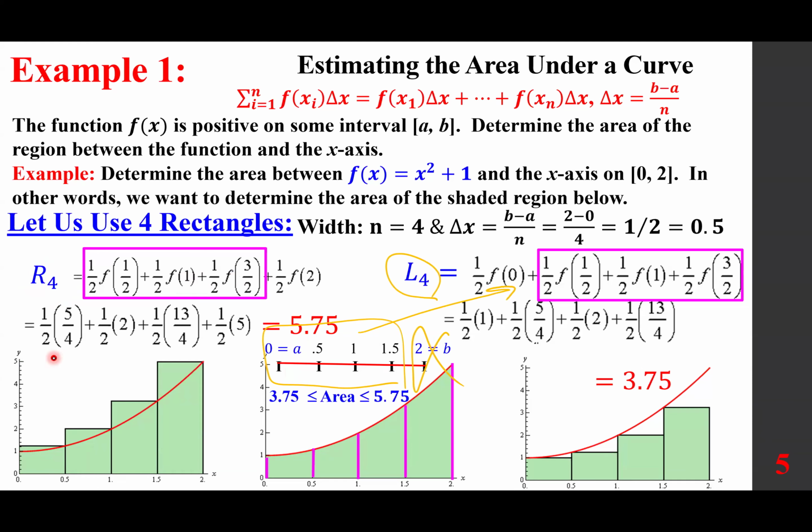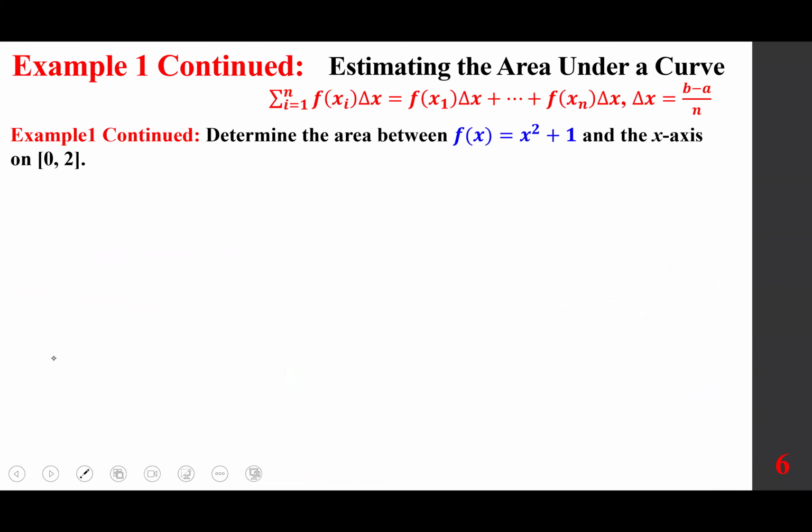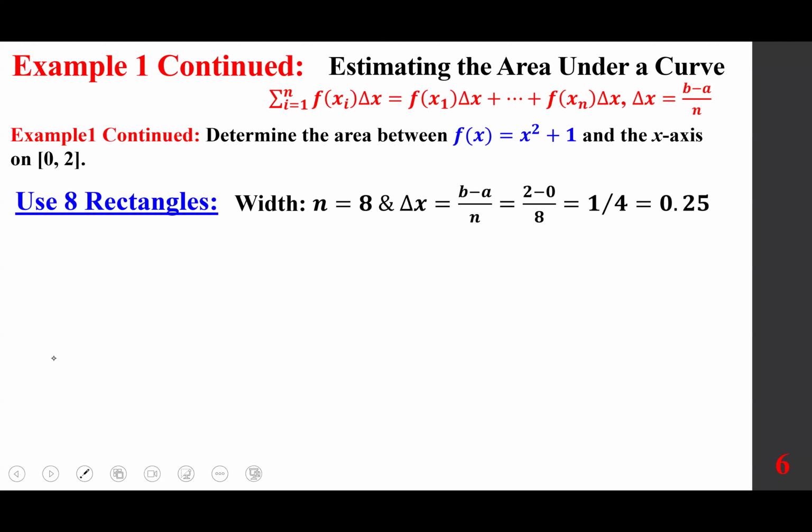And so let's look at the same thing and change n from 4 to 8. Delta x this time would be 2 minus 0 over 8, or 1/4, or 0.25. The right endpoints look like that.